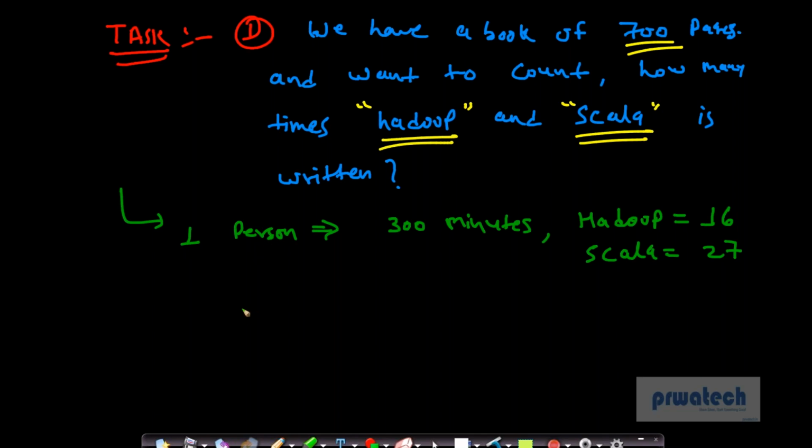And I decided to distribute this whole task of 700 pages among you guys. So I pick 7 people: P1, P2, P3, P4, P5, P6, P7.